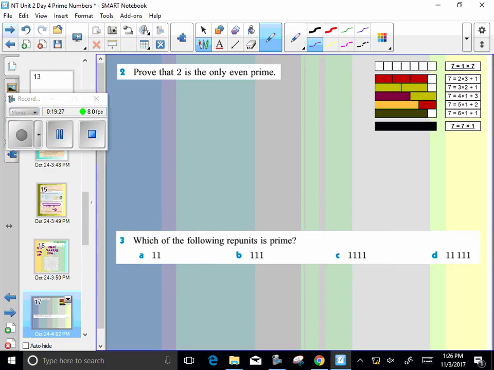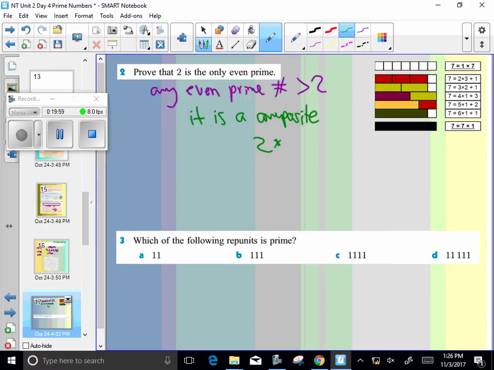All right, let's go to the next one. It says, prove that 2 is the only even prime. Seems obvious, doesn't it? So how would you prove it, though? Any even number greater than 2 is going to be a composite of 2 times whatever that number is.